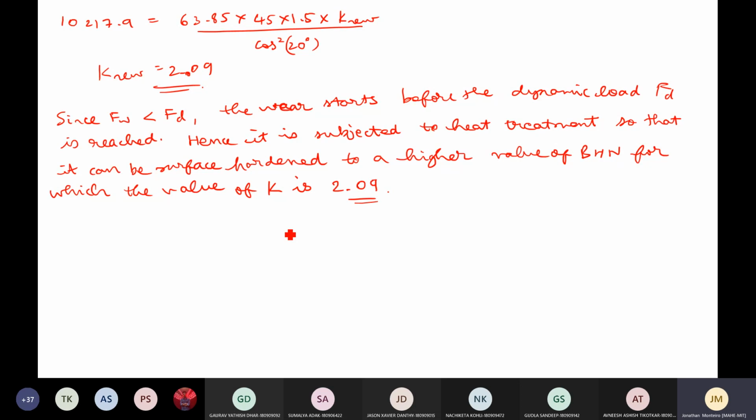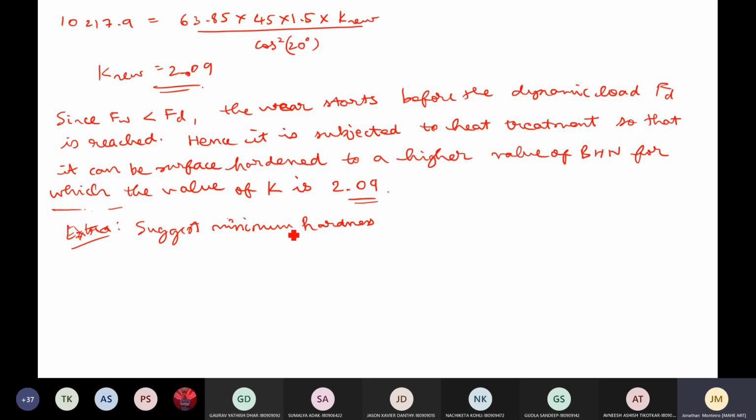So this is a little bit extra if we want to be sure what we are actually doing here, not a part of the problem. I'll just give it as an extra, like suggest minimum hardness, or the hardness value that is required.